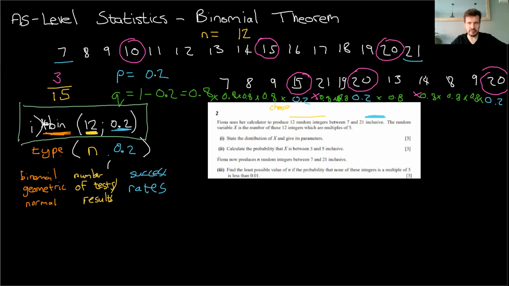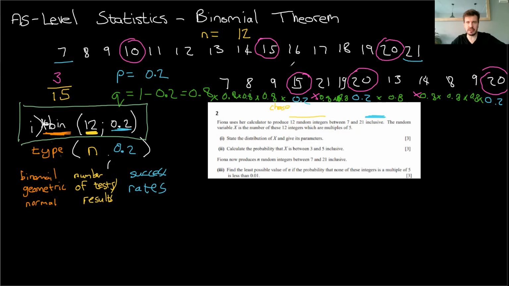So this is: find the least possible value of n such that none of the integers is a multiple of 5. Okay, none of the integers is a multiple of 5. So this 15 would not be a multiple of 5 anymore.